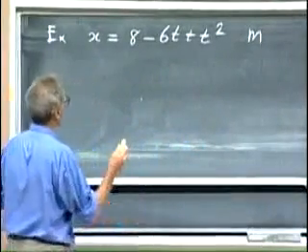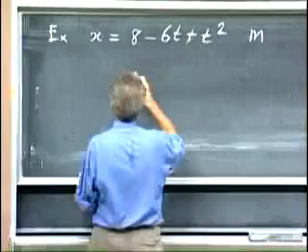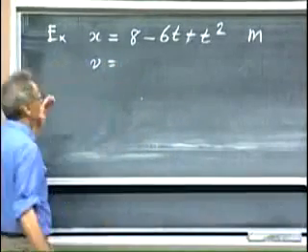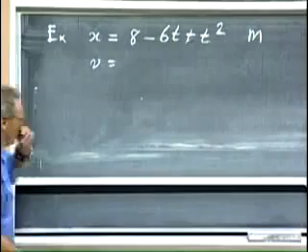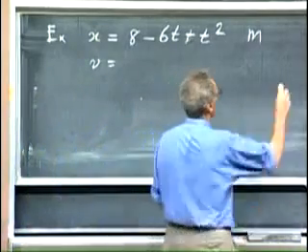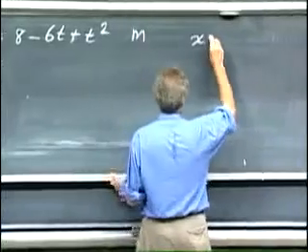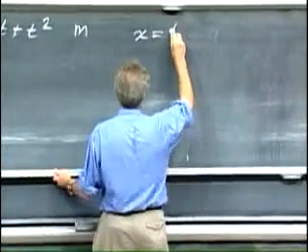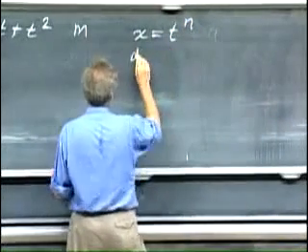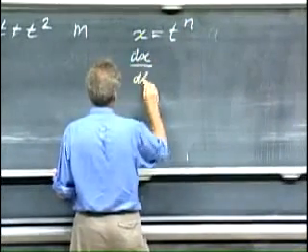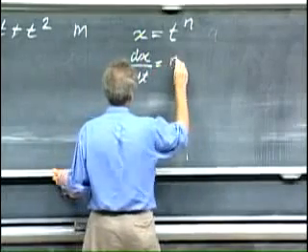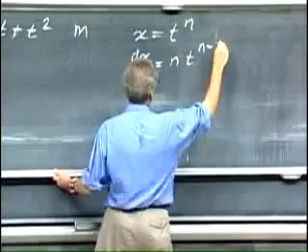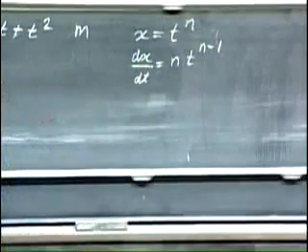What now is the velocity at any moment in time? Well, that's the derivative, dx/dt. And I use the following: if x equals t to the power n, then, as most of you should know, dx/dt is n times t to the power n minus 1. That's all I'm using.